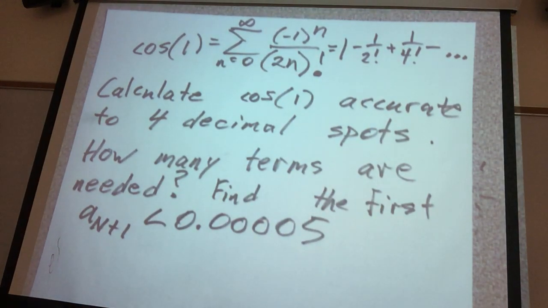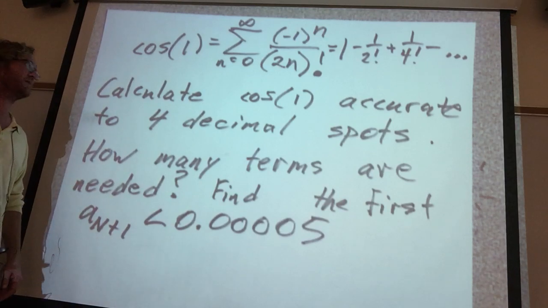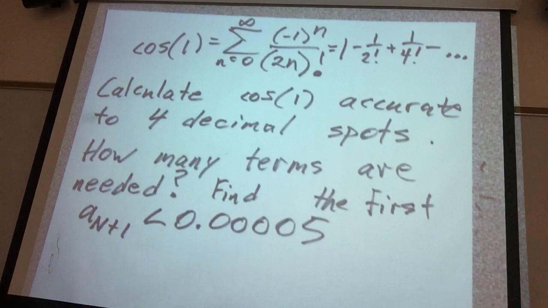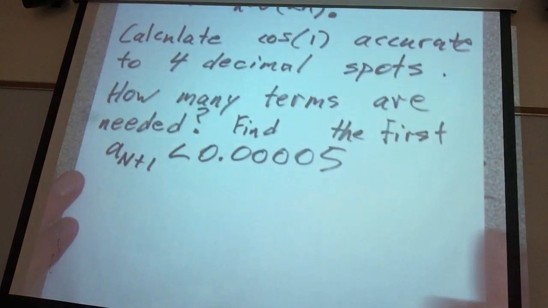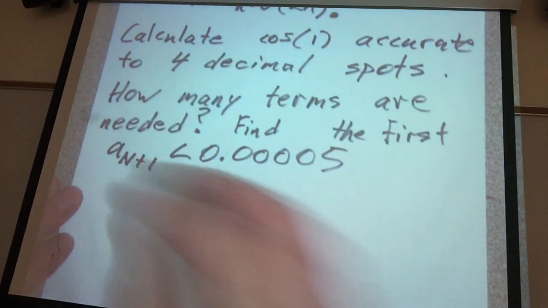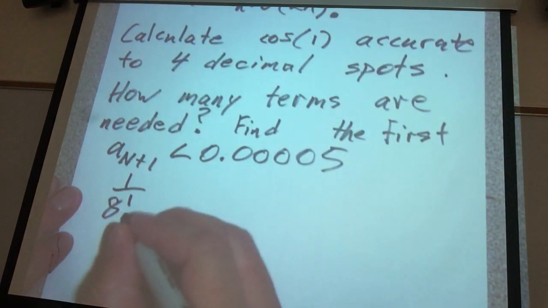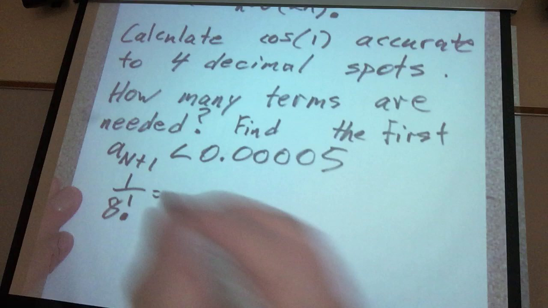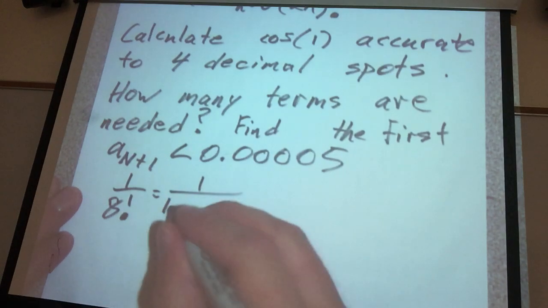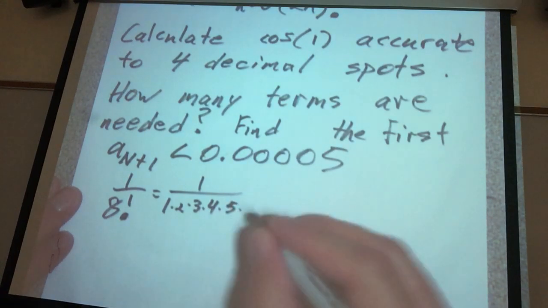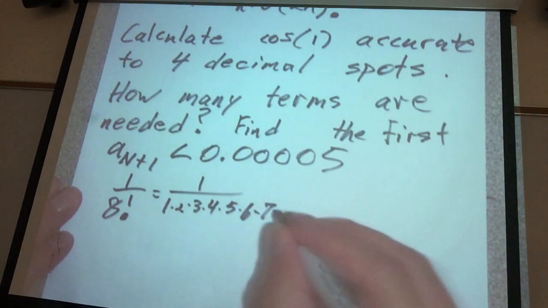So which one of these terms is going to give us an accuracy to 4 decimal spots? Well, it turns out that 1 divided by 8 factorial, and you've got to remember that these are factorials, so this is 1 divided by 1 times 2 times 3 times 4 times 5 times 6 times 7 times 8.